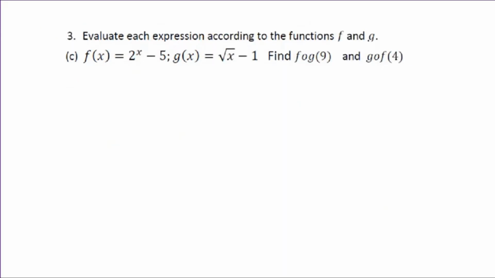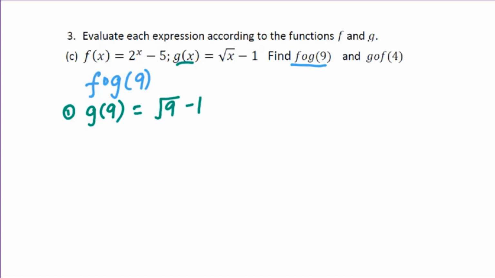Now let's go to number 3. Evaluate each expression according to the functions f and g. We're working on f of g of 9. Remember inside first, so we're working on g of 9 first. G of 9 means you substitute all x with 9, or you just say plug 9 into the g function. You get the square root of 9 minus 1. That is 3 minus 1, which is 2.